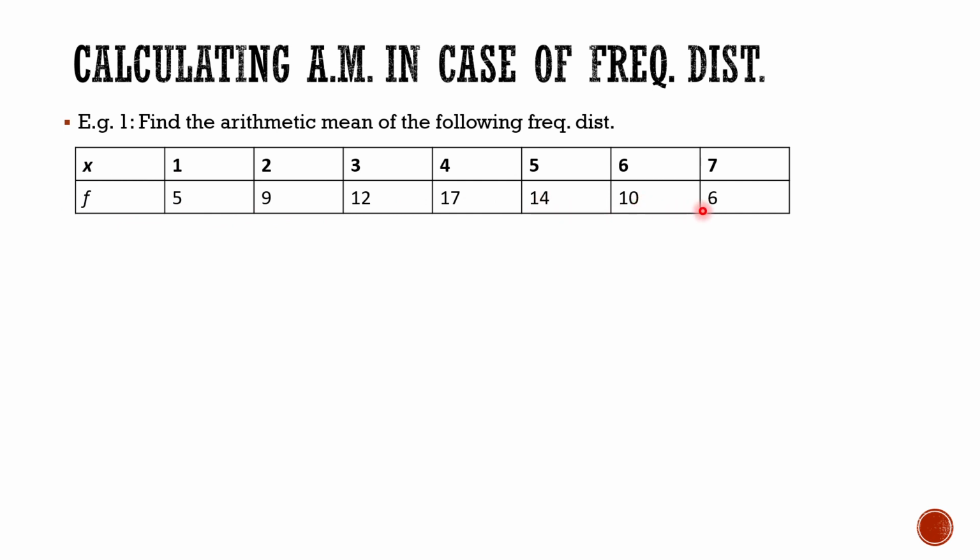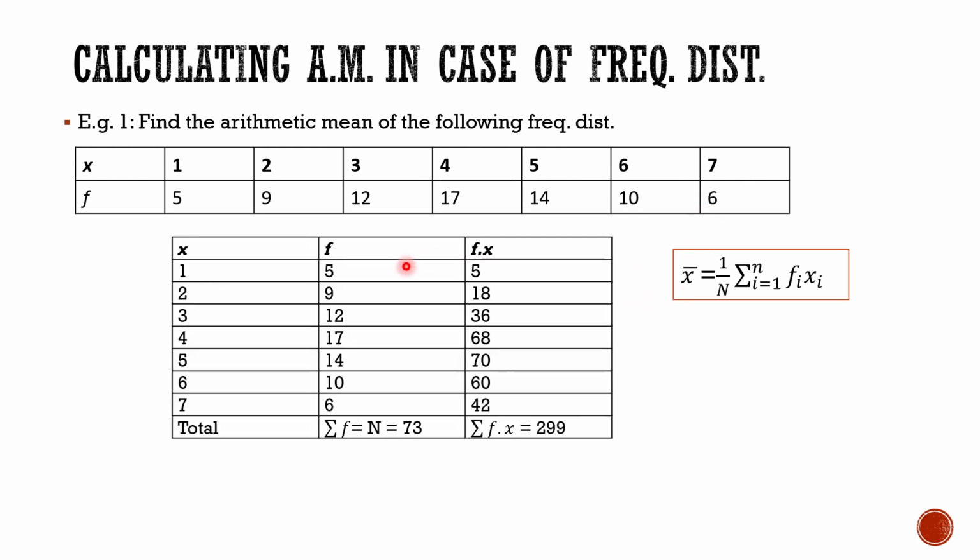What we'll have to do first is make a table, and we'll see how we make it. We'll have in the first column the xi's, in the second column the frequencies, that is fi's, and we'll put the corresponding frequencies in front of corresponding x values, and simply we'll have to get, as we want to know the x bar, what is the mean.